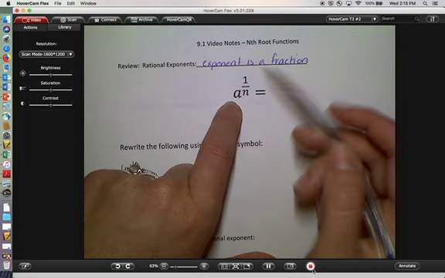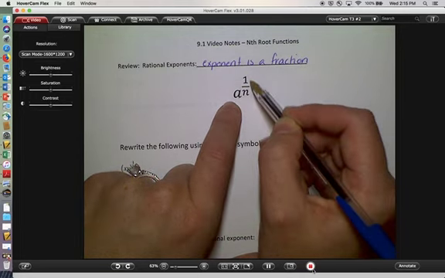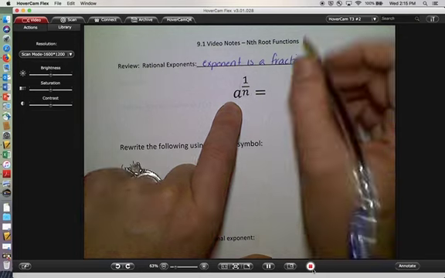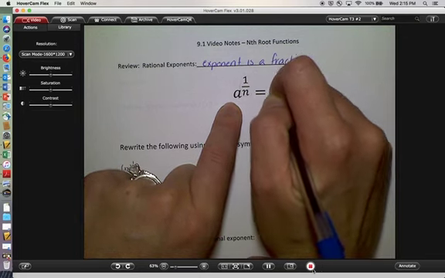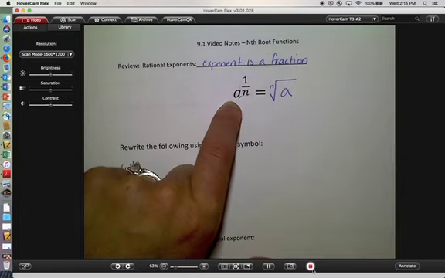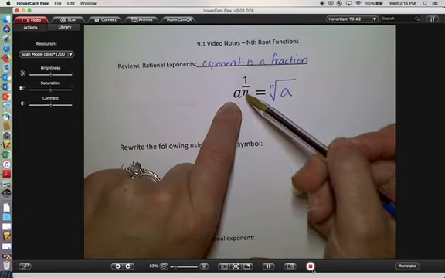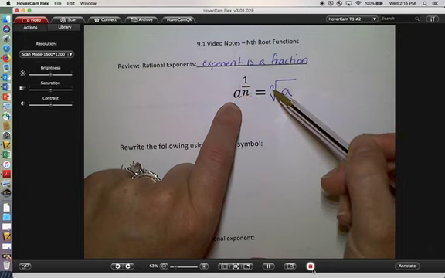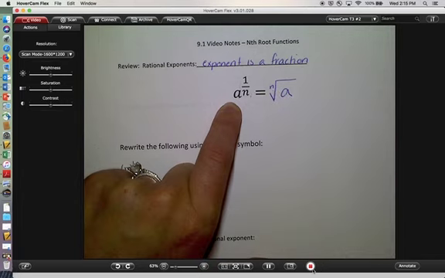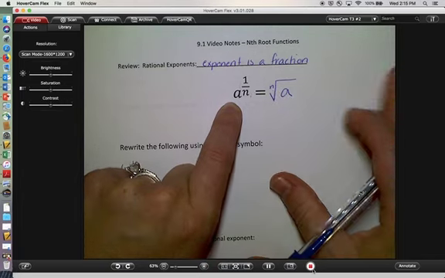So it's raised to a fraction. You can see that we have a rational exponent. That is equivalent to taking the nth root of whatever a is going to be. So basically, whatever number you have in the bottom here of your rational exponent tells you what root to take. So it's pretty simple once you see how it works.